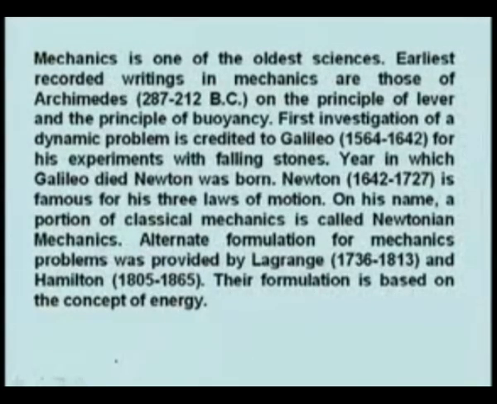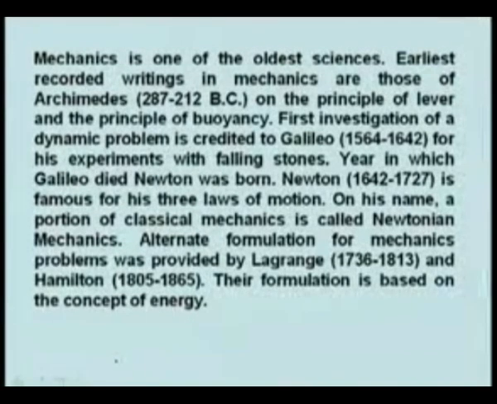In the year in which Galileo died, Newton was born. Newton was born in 1642 and died in 1727. He provided three laws of motion, and for that he is very famous. After him, a portion of classical mechanics is called Newtonian mechanics.